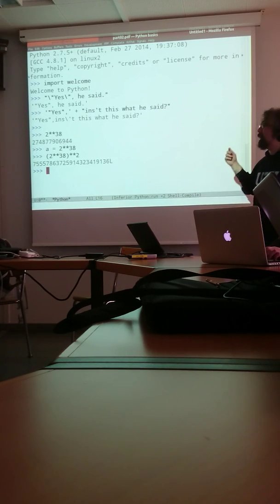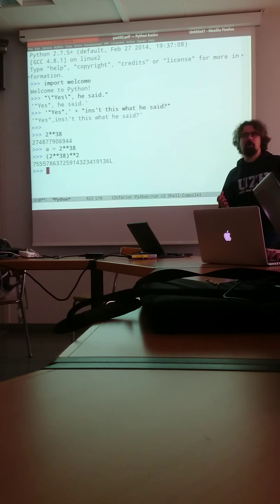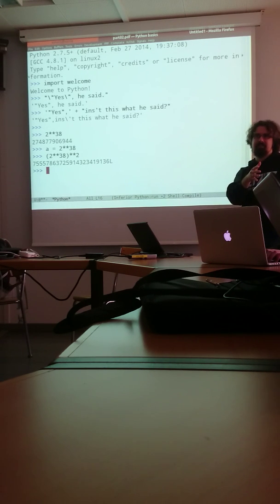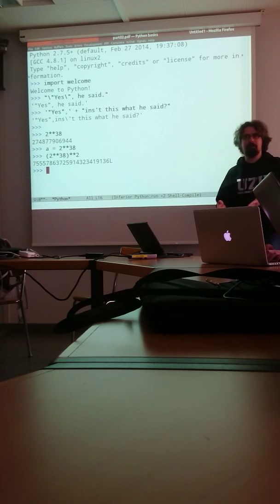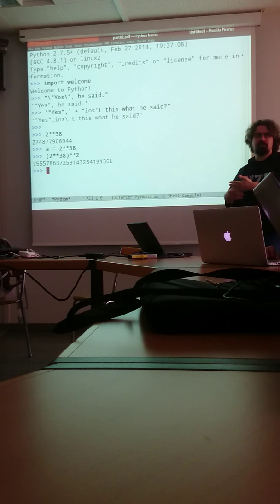So L means that Python switched from a native number, something that fits into the 64-bit registers of your processor, to what is called a bignum. So a larger number that exceeds the precision provided by the processor and must be calculated in software.